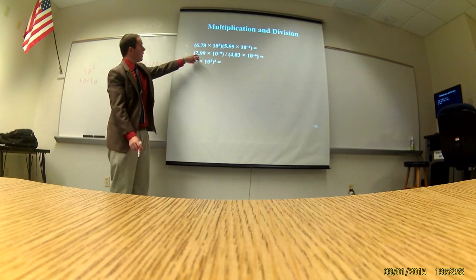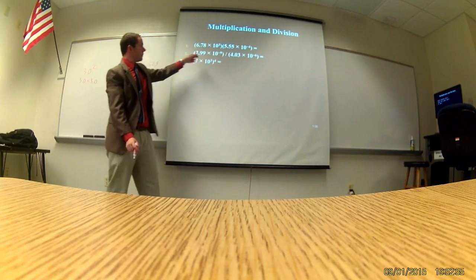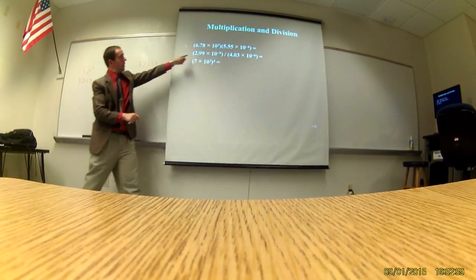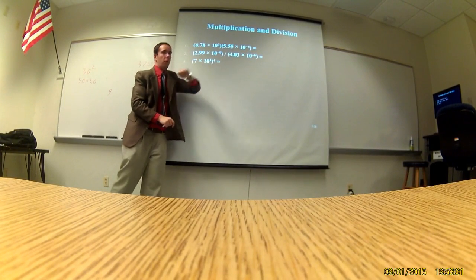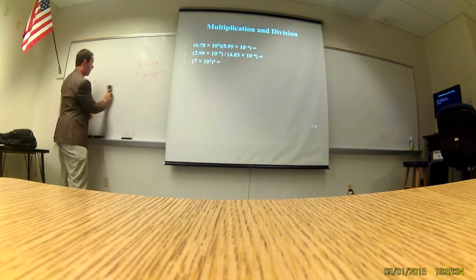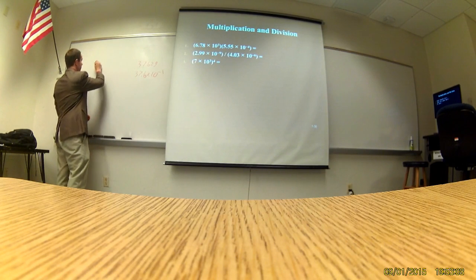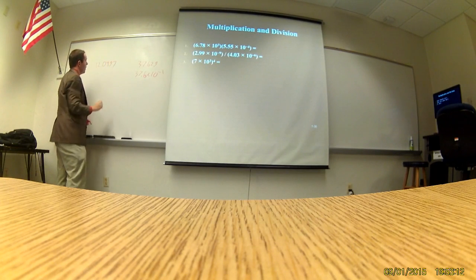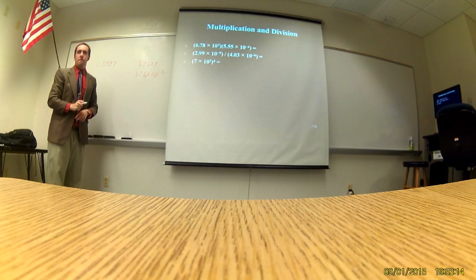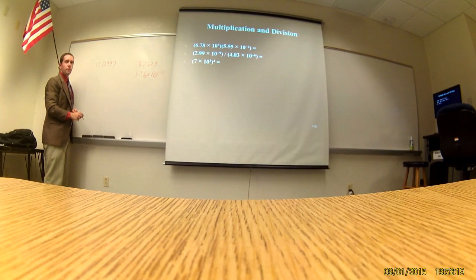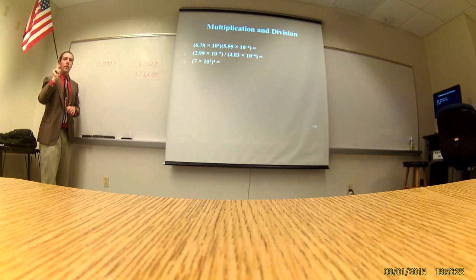How about this one? What's the first step here? 2.99 divided by 4.03, which is 12.0497. How many sig figs do I have to have? 3. What's this in 3 sig figs? 12 point.